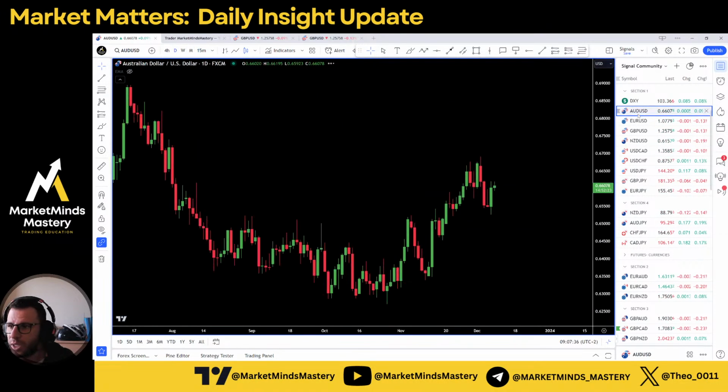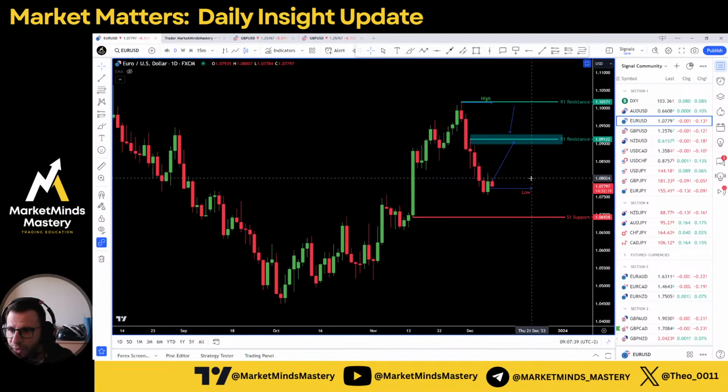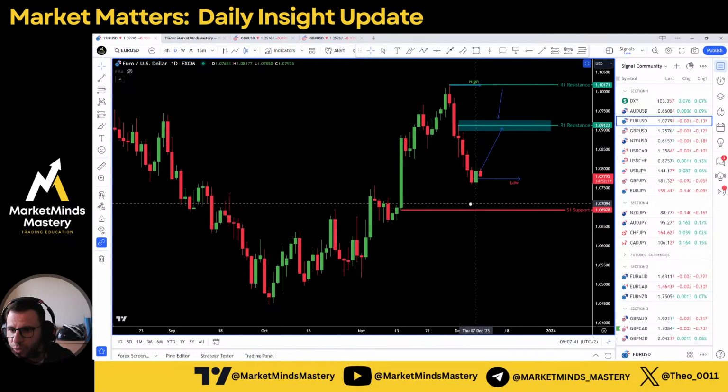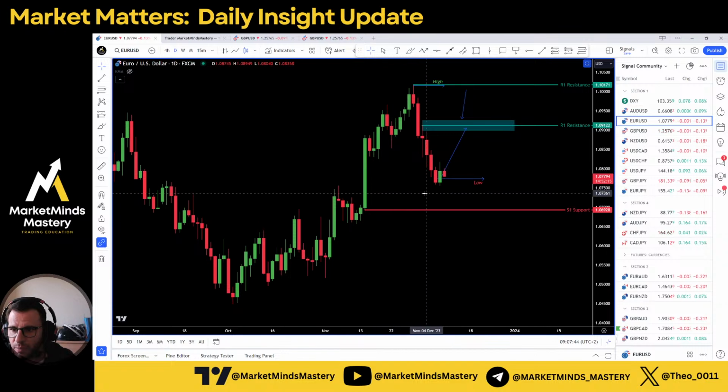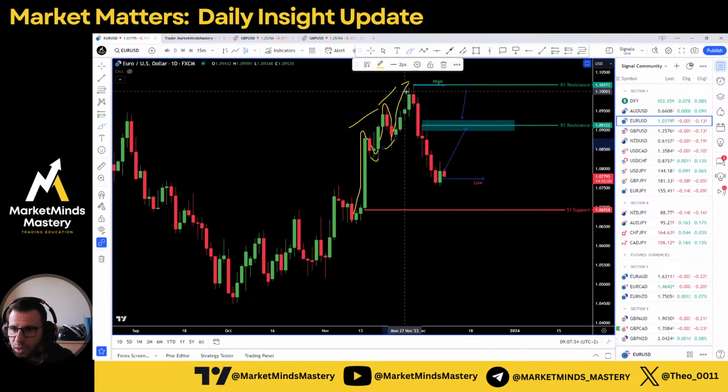So let's move on. Euro US dollar. Yesterday, a bullish engulfing on the Euro US dollar. Price also lost its structure here. Price made this higher high and higher low, so it moved beyond this low here.